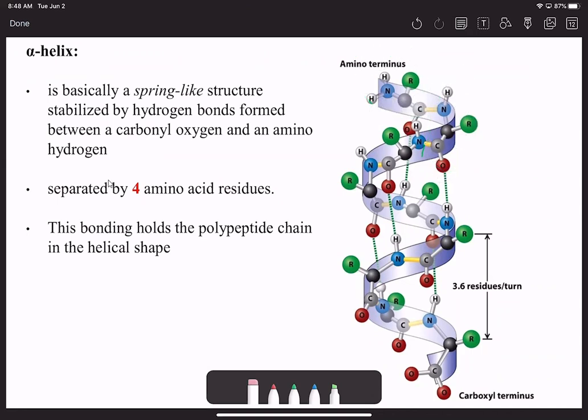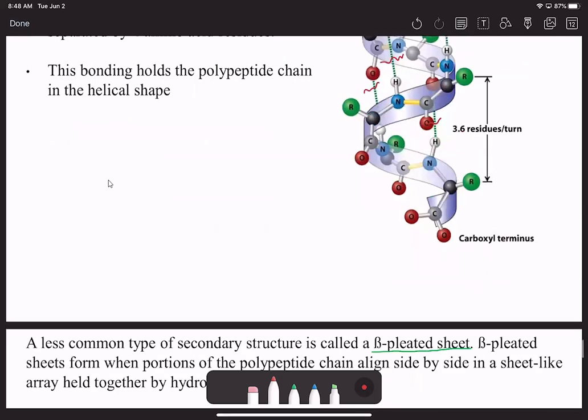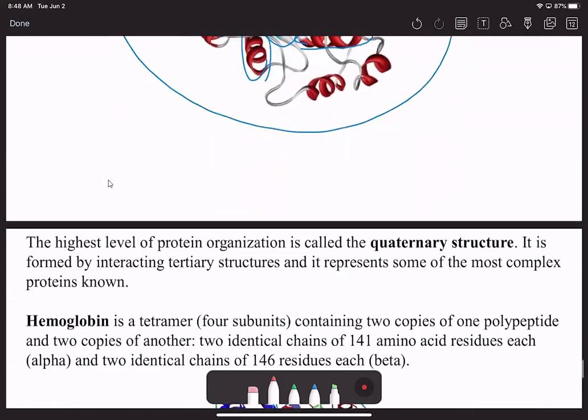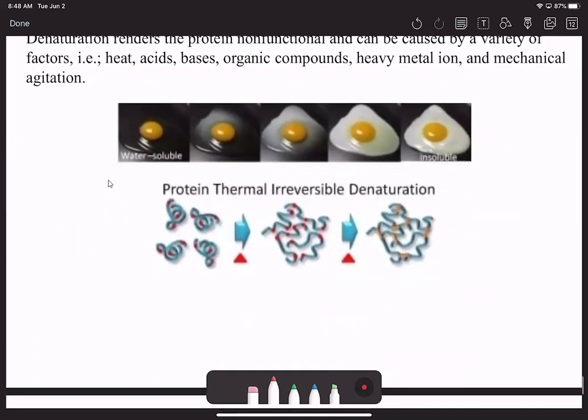What denaturation is doing is breaking these hydrogen bonds. Once we break these hydrogen bonds up, we don't get the shape anymore. So this alpha helix structure is removed, and that's what occurs in denaturation.